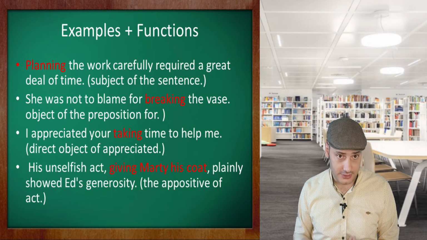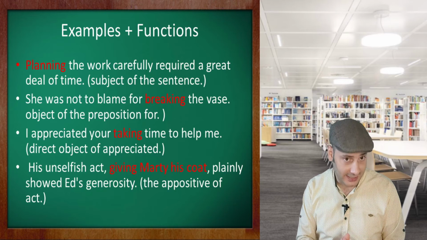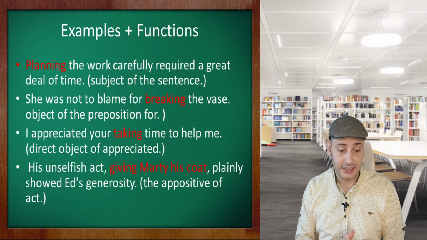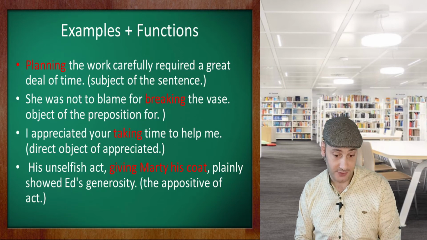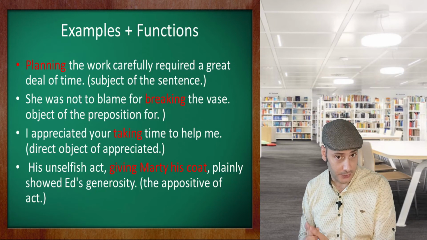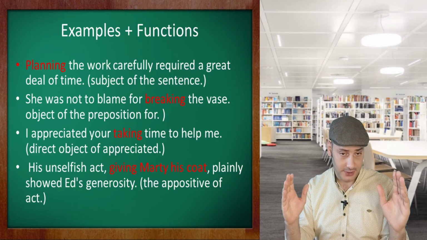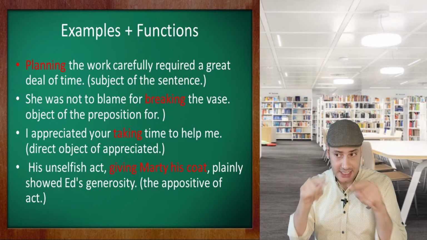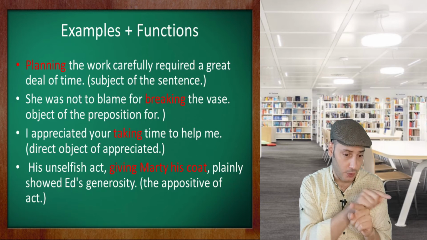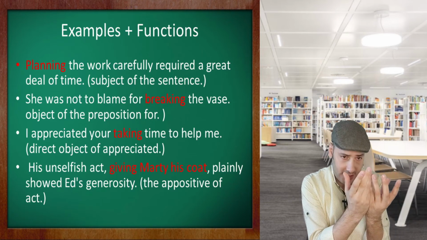Okay, so the fourth and the last example in this slide. His unselfish acts, giving Marty his coat, plainly showed his generosity. Giving Marty his coat, we call it an appositive. An appositive means renaming the noun that was before, that is acts, the unselfish acts. What is the unselfish act?